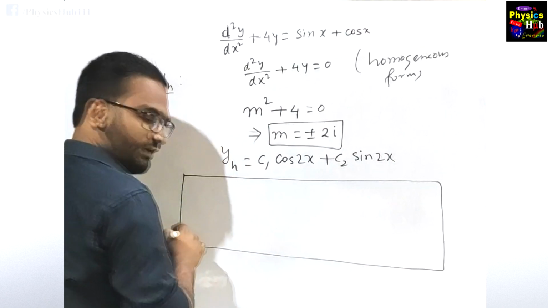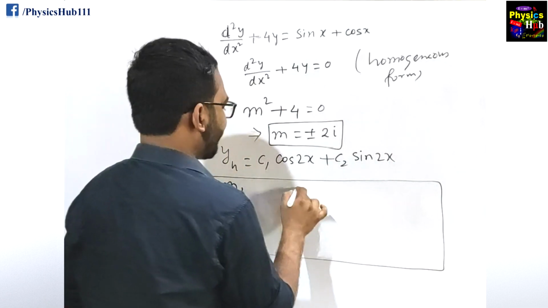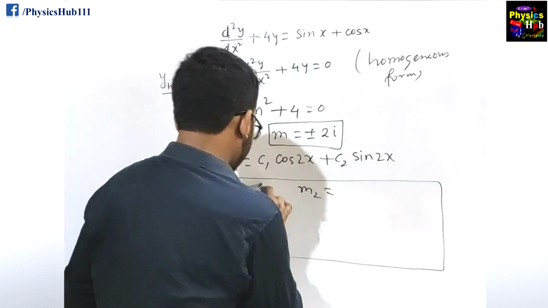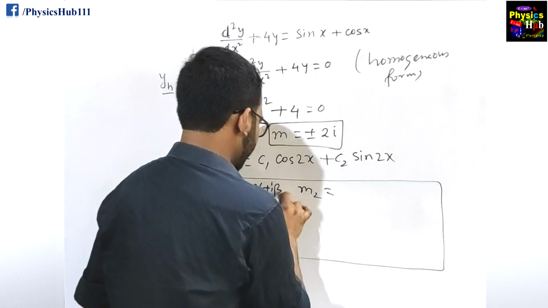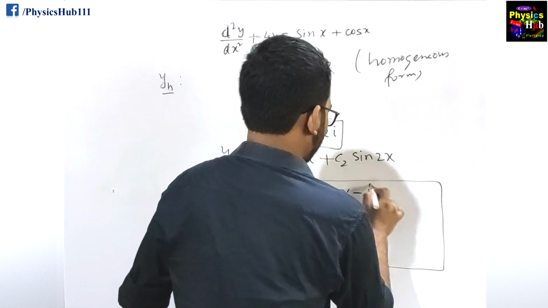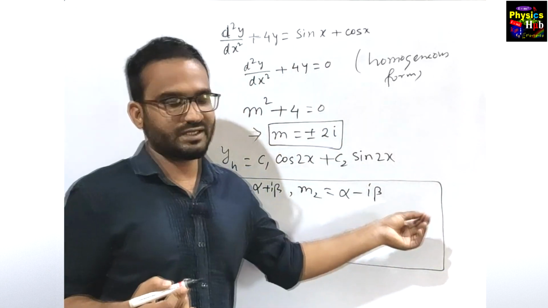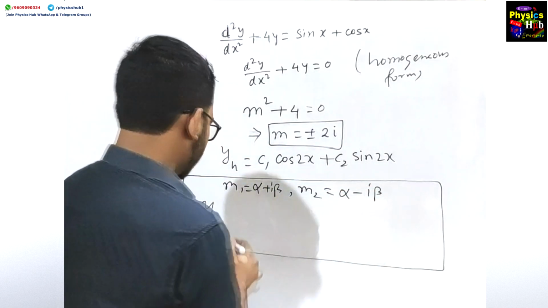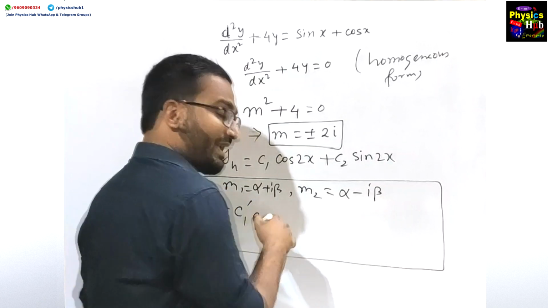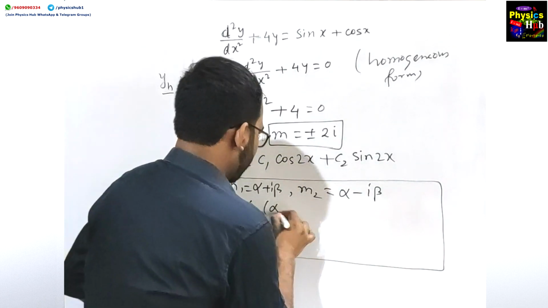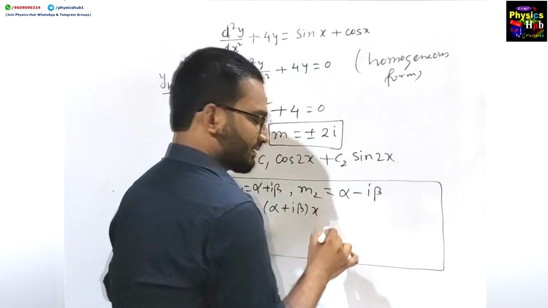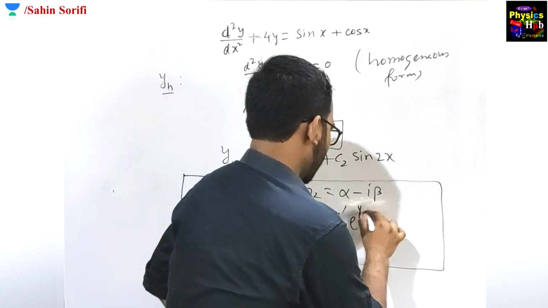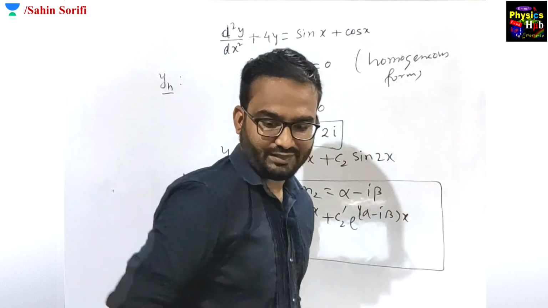If m1 and m2 are two complex conjugate roots, like m1 is alpha plus i beta and m2 is alpha minus i beta, where alpha is the real part and beta is the imaginary part, then the solution is written like this: y equals c1 prime e to the power alpha plus i beta into x, plus c2 prime e to the power alpha minus i beta into x.